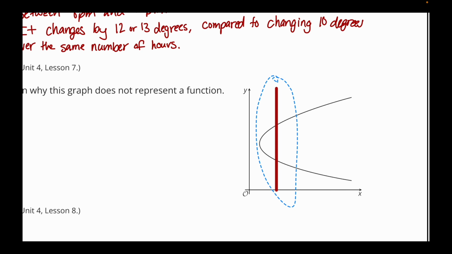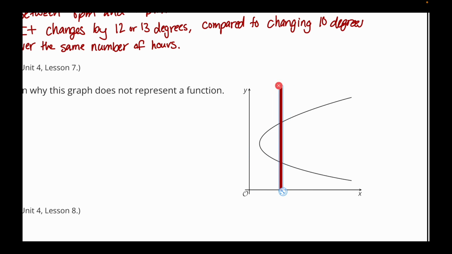Then I'm going to lasso it up here. Now, I am going to click on resize because I do want to just move this around. Okay. So the vertical line test basically means you should be able to take a vertical line and pass it through your graph and have it only touch your graph of your function in one place at a time. If your vertical line touches in two places like this one does, it touches right here and right here, then you know it is not a function.